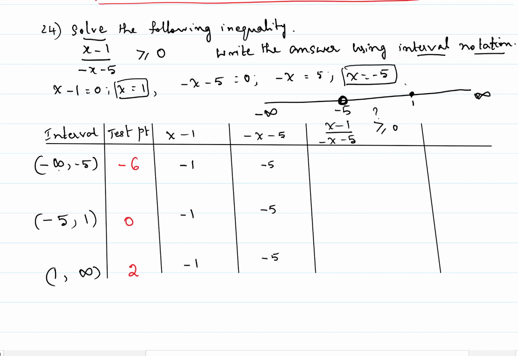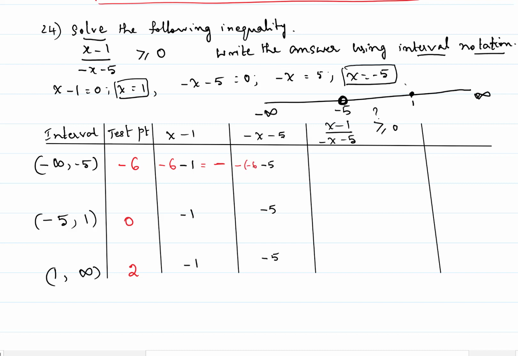So pick a number between negative infinity and negative 5. We have chosen negative 6. I'm going to plug negative 6 into x minus 1. That gives me a negative sign: negative 6 minus 1 is negative 7. We are interested only in the sign. Now plug negative 6 into negative x minus 5.